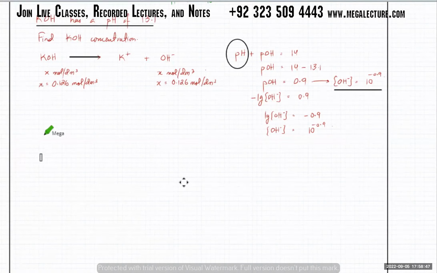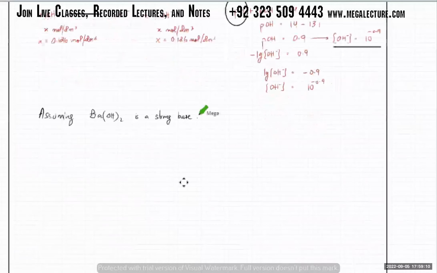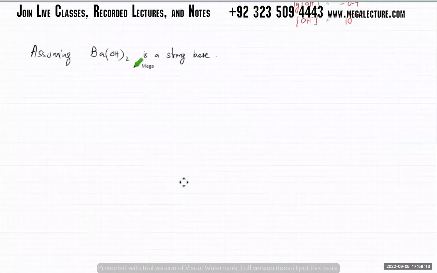Assuming barium hydroxide, Ba(OH)2, is a strong base, the pH of barium hydroxide is given as 13.1.